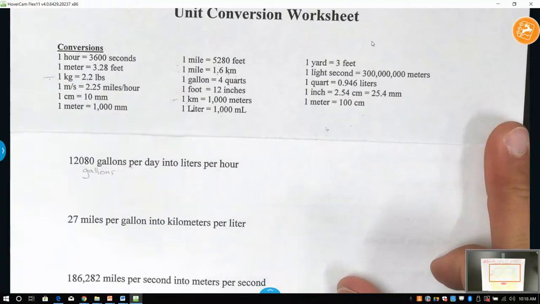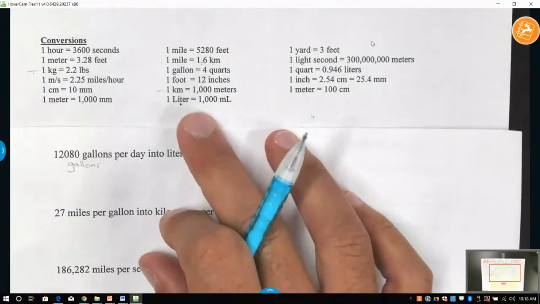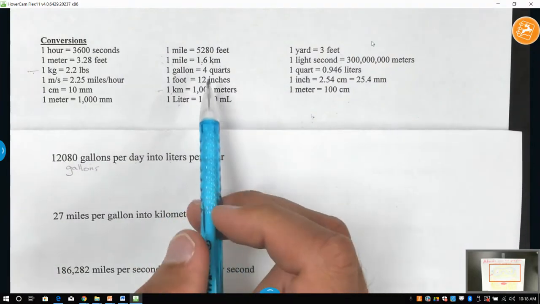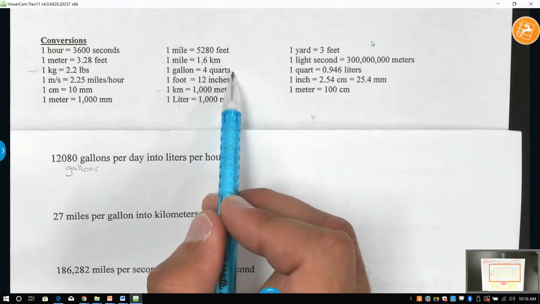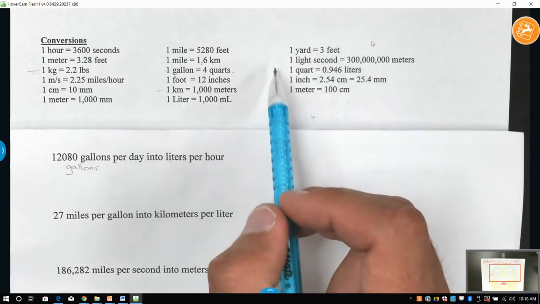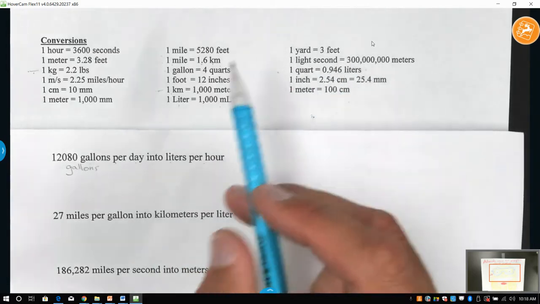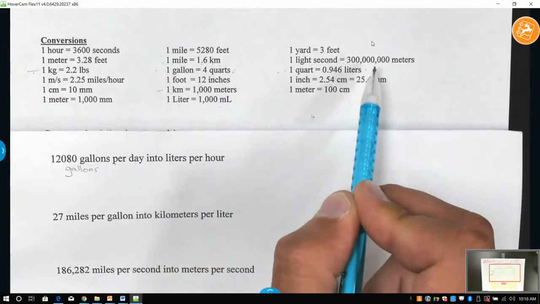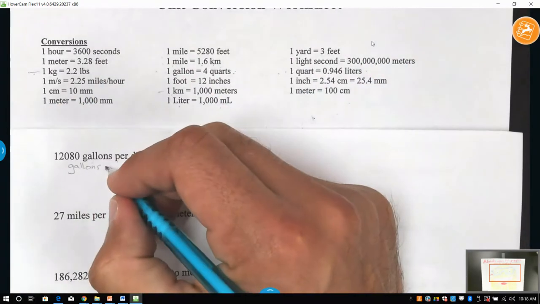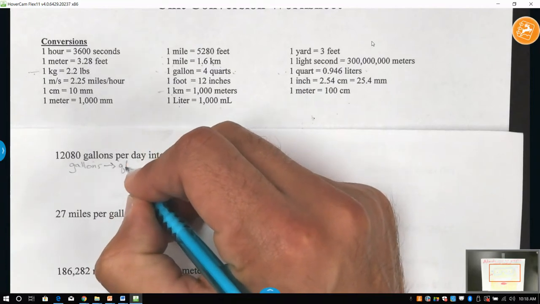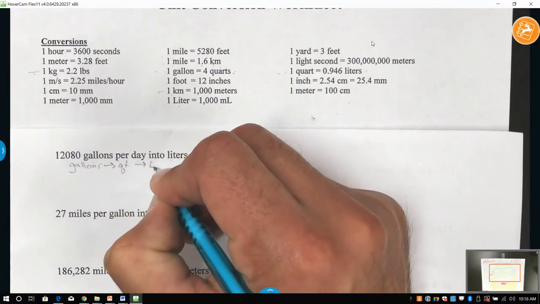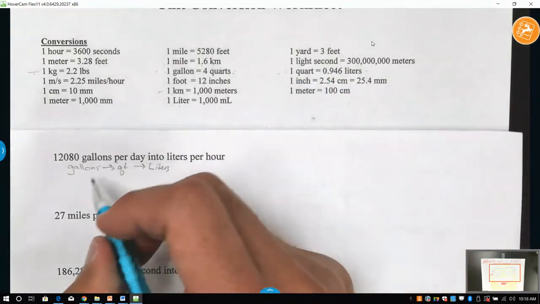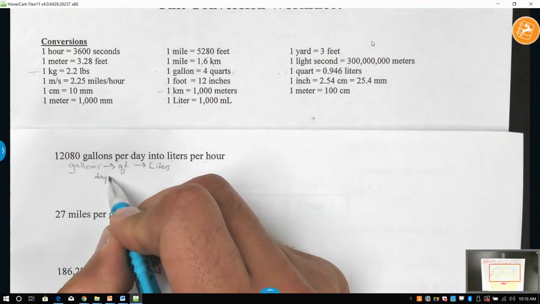There's no one straight conversion on here that has gallons straight to liters. I see liter and milliliter here. That doesn't help me. Gallon and quarts. That's not quite liters. But I have quarts and liters. So I would have to go from gallons to quarts and then quarts to liters. And then day to hours, that's pretty simple.